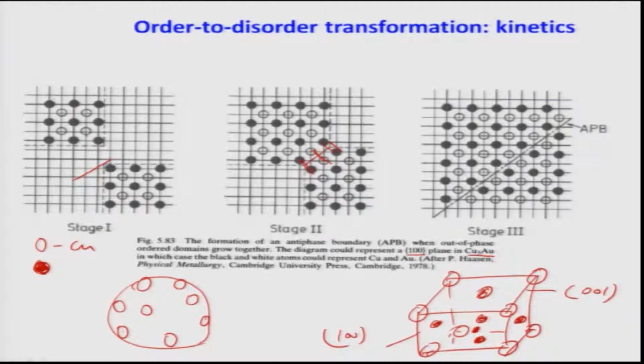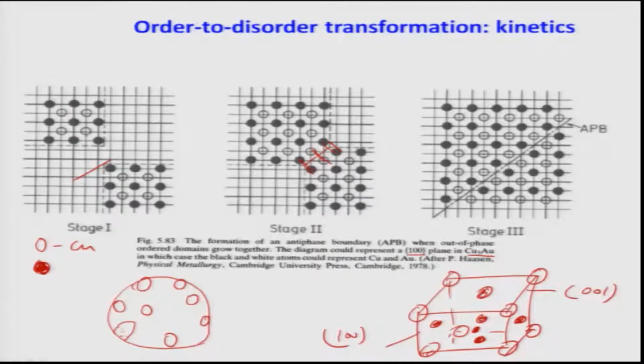Okay. Within this domain you have dissimilar bonds, but outside that you can have similar bonds. So, once this one grows, the bonding characteristics of the region to which it has grown will also become dissimilar bonds.